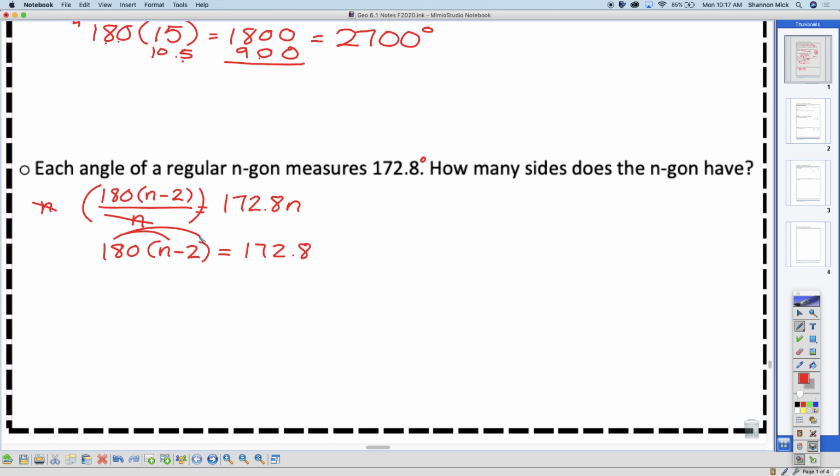So we've got 180n minus, you times them, 360. For a minute I was about to subtract them, but I knew that's wrong. So what am I solving for? n, so I have to add 360.